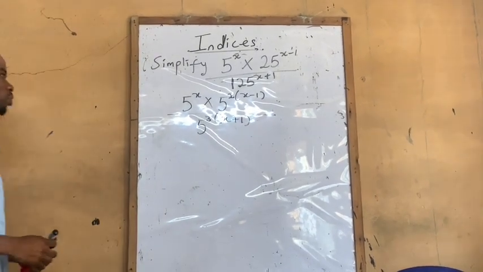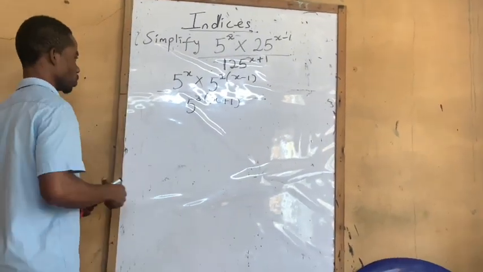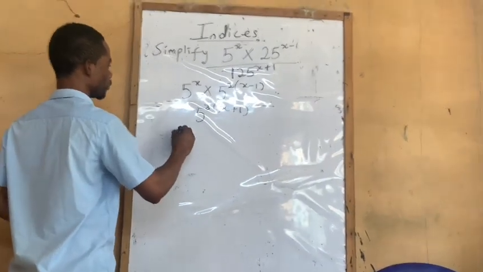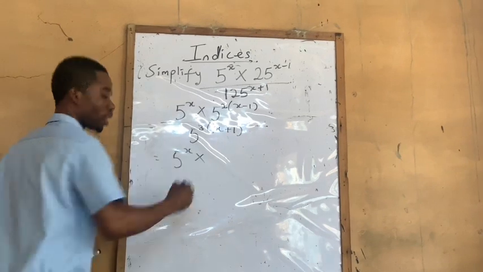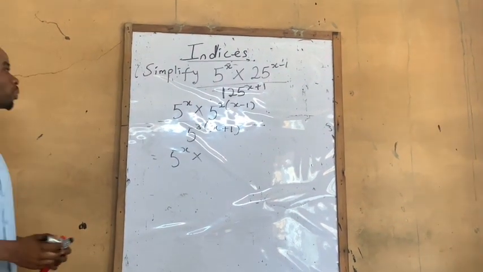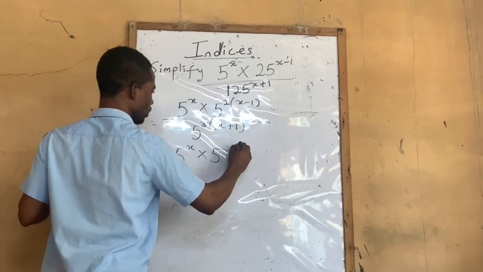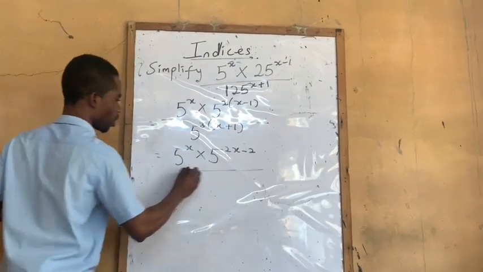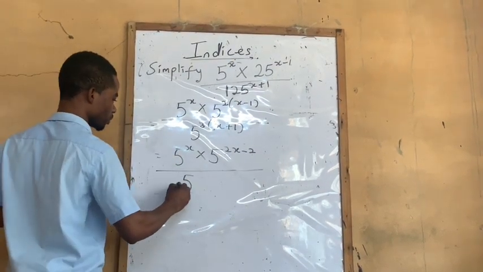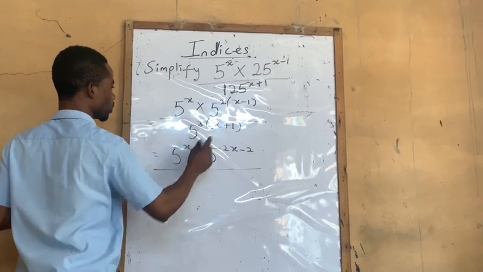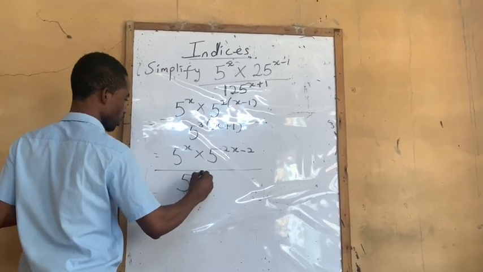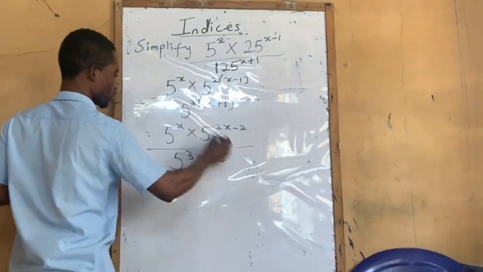As simple as that. What's the next thing to do now? So you just say 5 raised to power x times, like I told you earlier, use that 2 to open the bracket, 5 raised to 2x minus 2, all over 5, use the 3 to open the bracket, 3x plus 3.